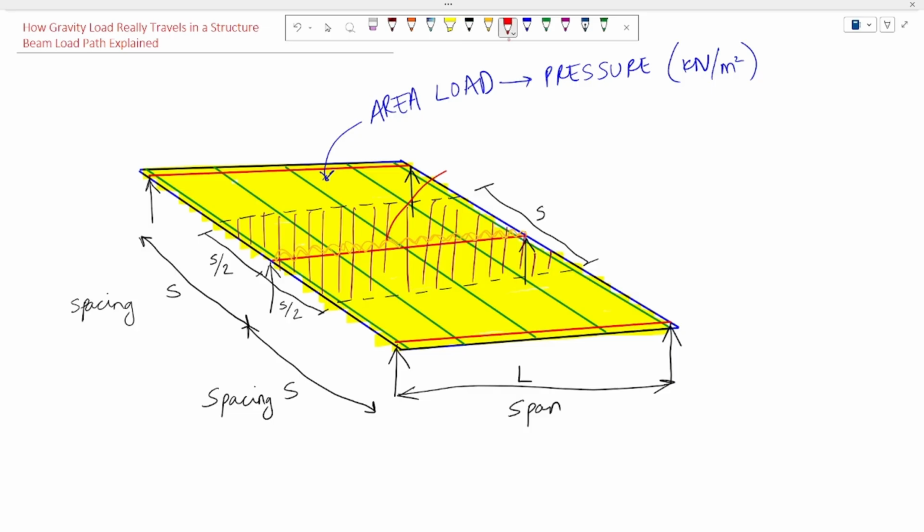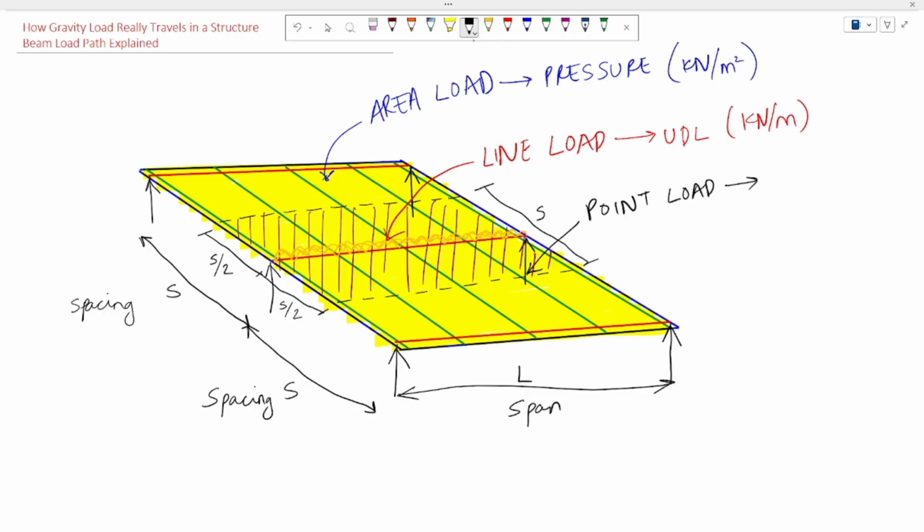This is also called as line load. It is in the form of UDL with the units kilonewton per meter. Now this beam is subjected to this UDL and the length of the beam is L. Finally, this load is transferred to these supports in the form of reaction or called as point load.